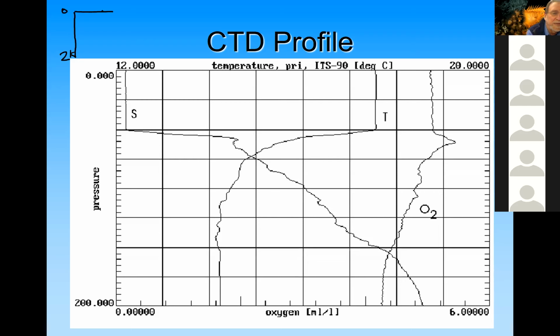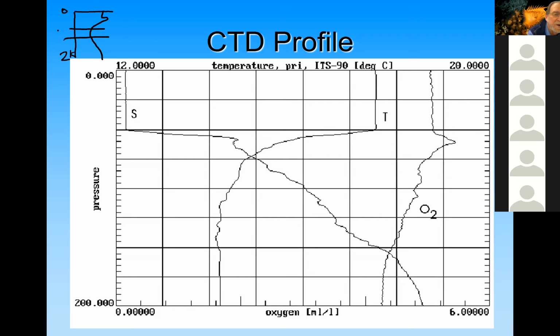All right, so let's go back to our drawing here. A typical water column profile for oxygen would do something like this. Spike out, and then it would go down like that, and then like that. Okay, and so there's an oxygen minimum zone.